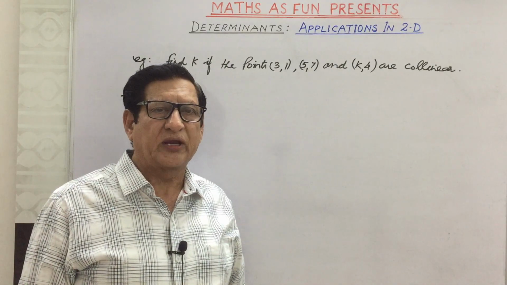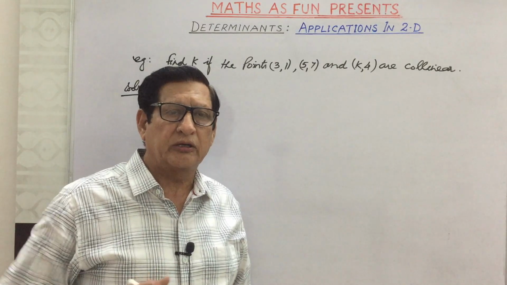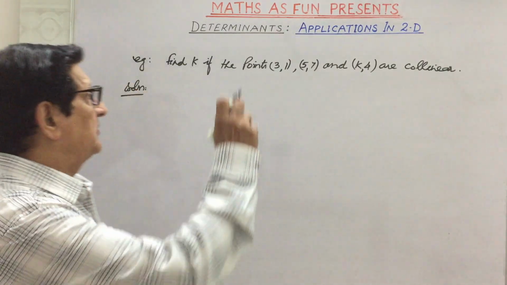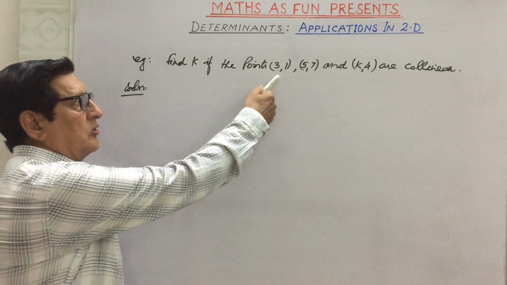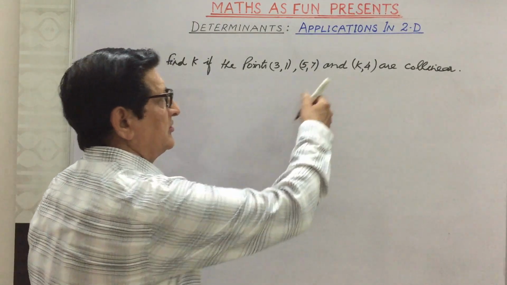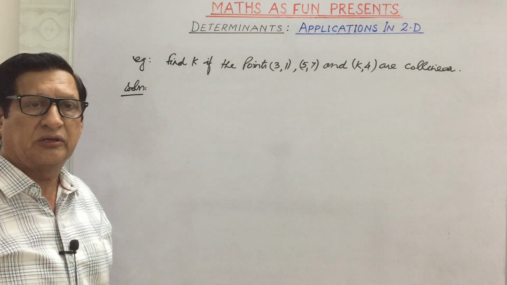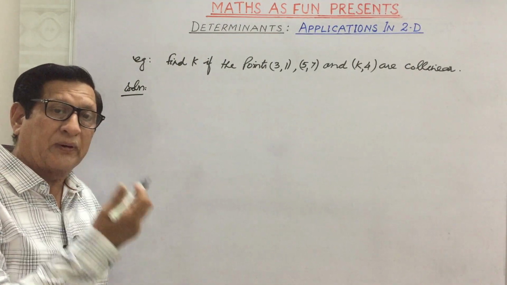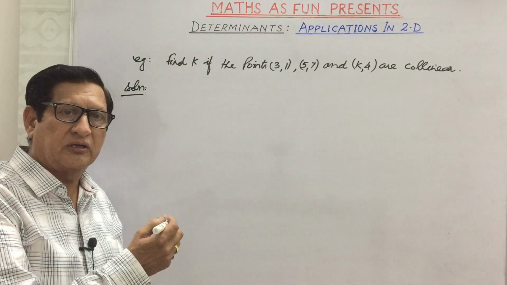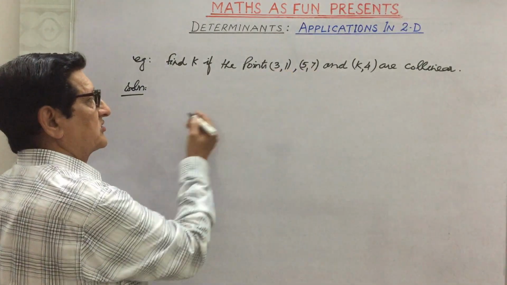Let's discuss one more example on collinearity of points. Sometimes we are given this type of problem: find k if the points (3, 1), (5, 7) and (k, 4) are collinear. What do we do in such problems? We will apply the condition of collinearity. We can write the points first of all.